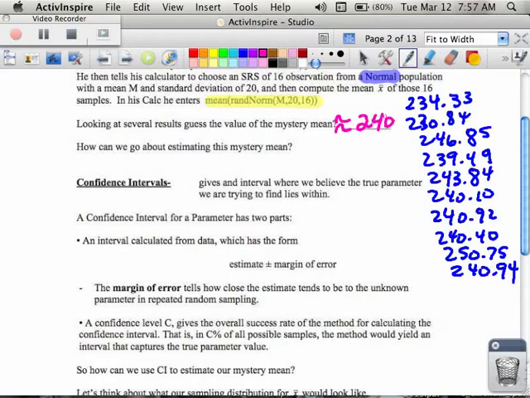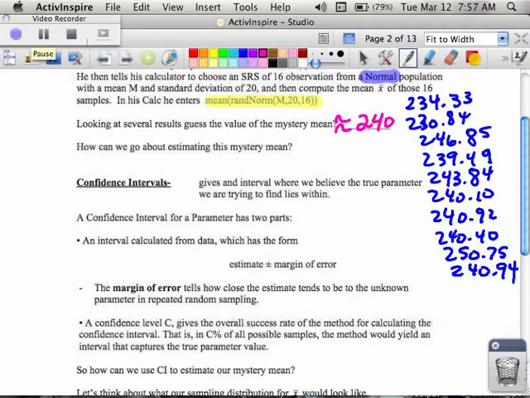Remember, we talked about yesterday that if n is greater than or equal to 30, we're pretty confident that we know what's going on no matter what the population distribution looks like, because 30 is big enough to make sure that we're approximately normal. And if they tell us that the population is normal, then the sample size doesn't even matter. So 240 is probably a pretty good guess. Somebody had a question? No? Okay.